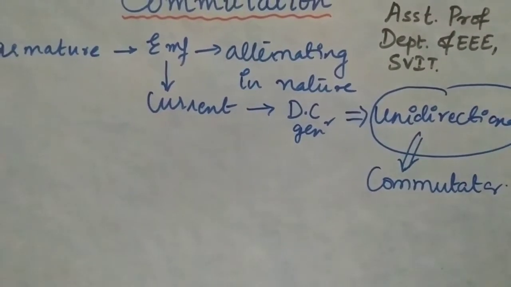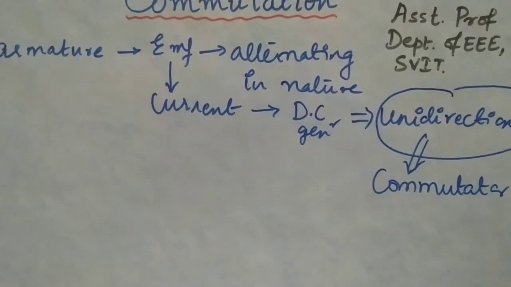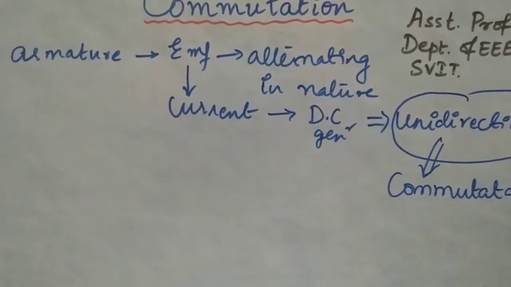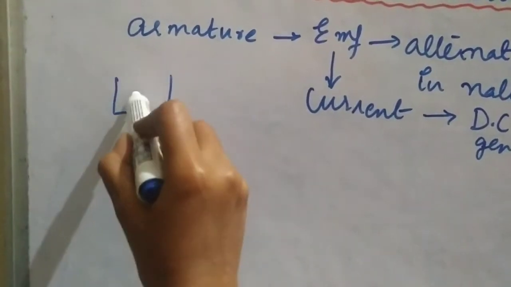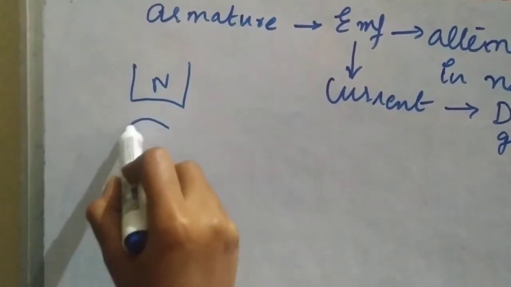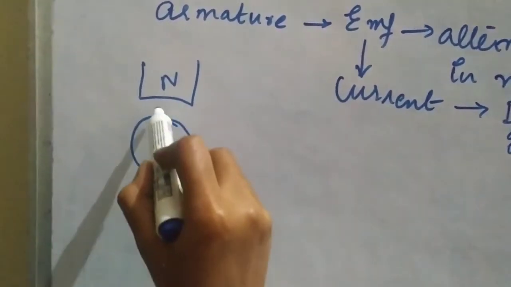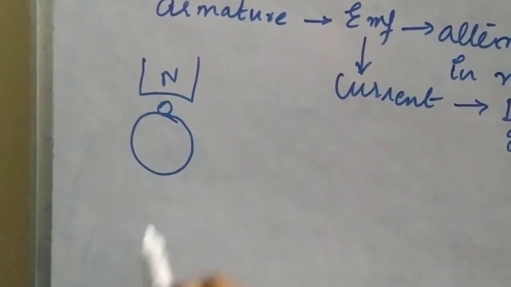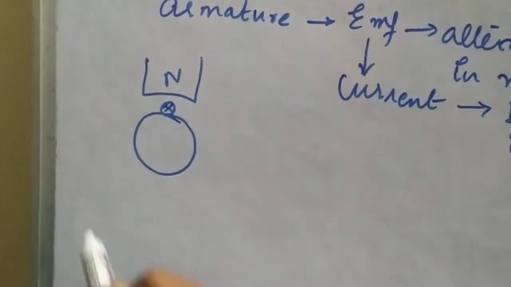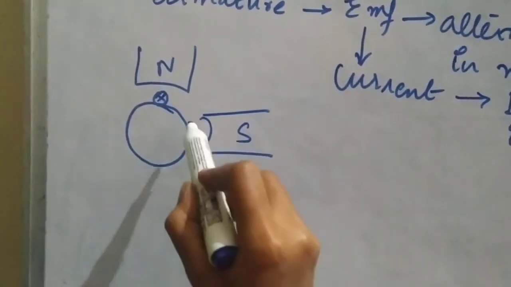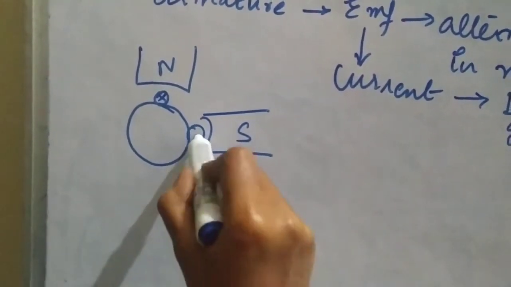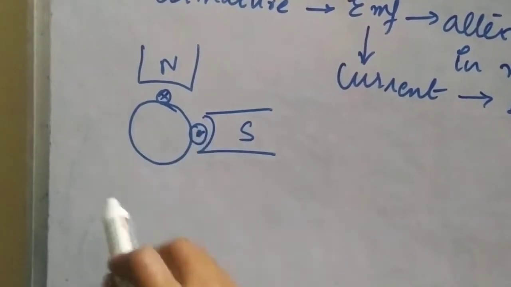When the armature conductors are under the north pole, let me consider the conductor onto this armature. If this is the north pole and this is the south pole, a conductor under the south pole is in the dot convention.